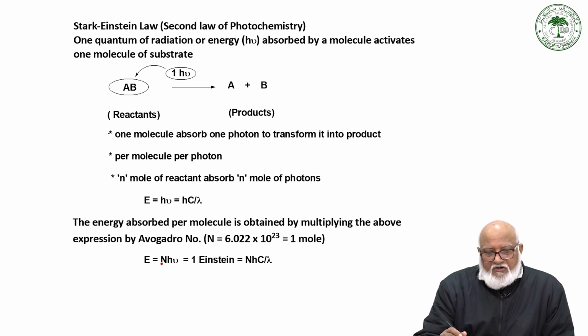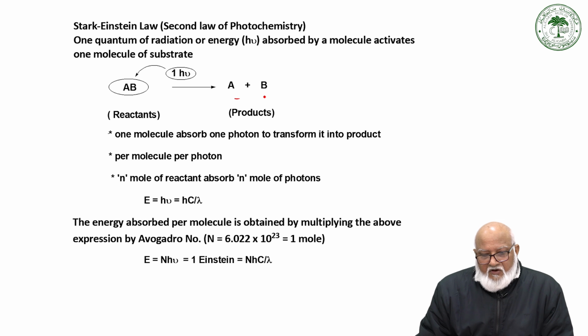the second law of photochemistry, and it states that one quantum of radiation or energy h nu absorbed by a molecule activates one molecule of substrate. Say AB is a reactant and absorbs one quantum of light, which leads to products A plus B. One molecule absorbs one photon to transform into one product.